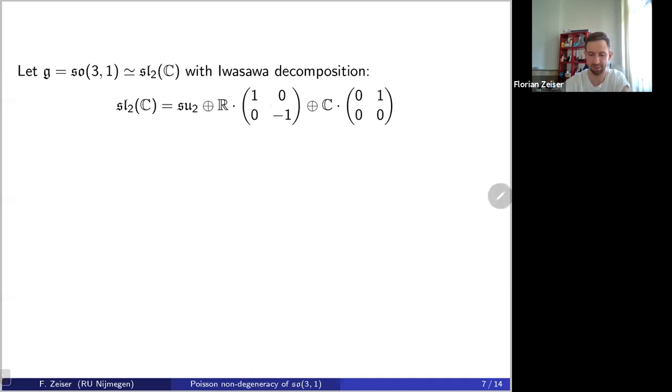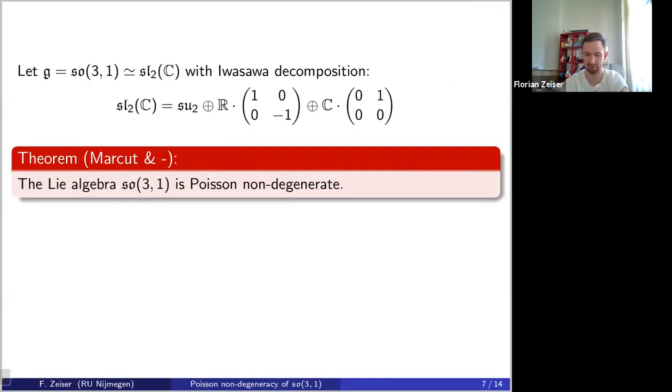So we see that the dimension of A is 1 and su(2) is semi-simple, so the compact part is semi-simple. So it fits exactly in the conjecture. In fact, it's the lowest dimensional example of a Lie algebra in this conjecture. The statement we prove is that this Lie algebra is non-degenerate.